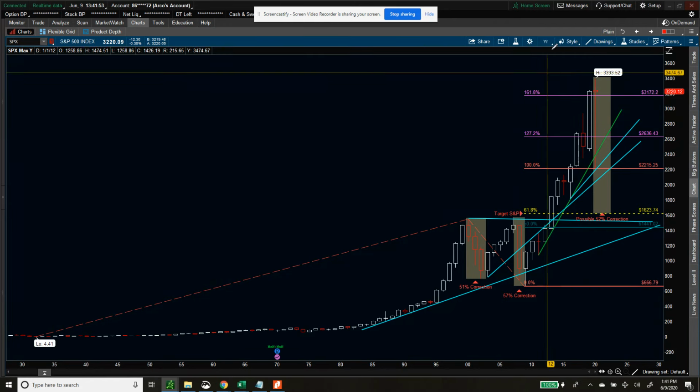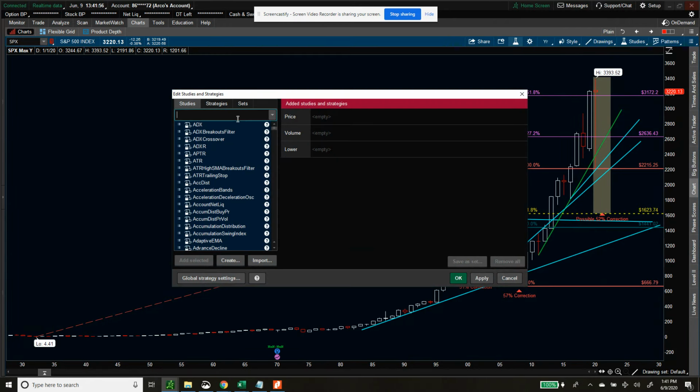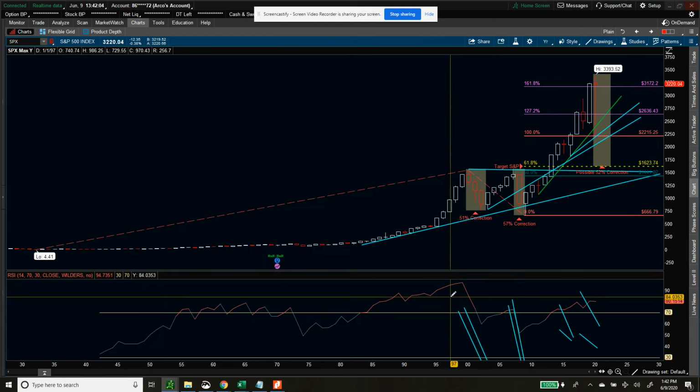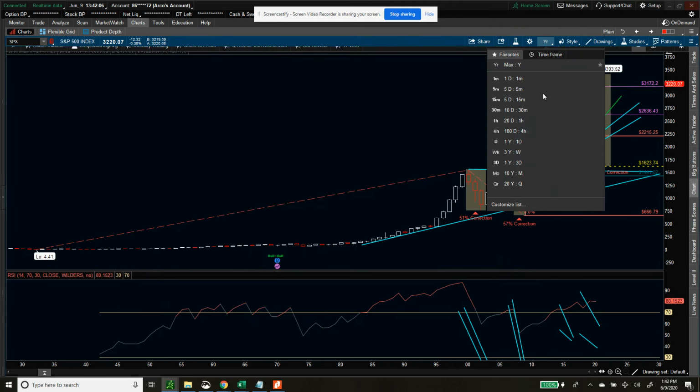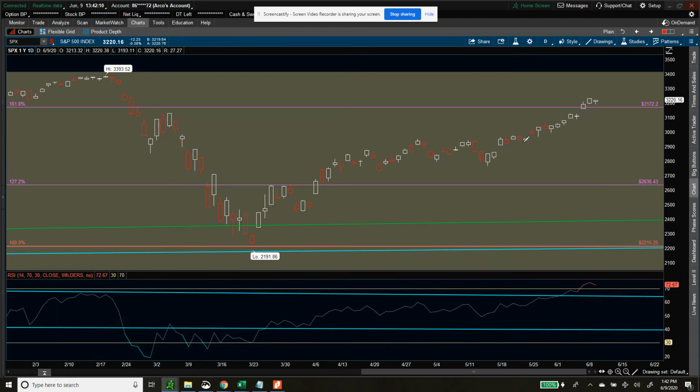And the reason for that is, let's go with the RSI. This measures strength in the market. It's just like when you're working out and lifting weights.